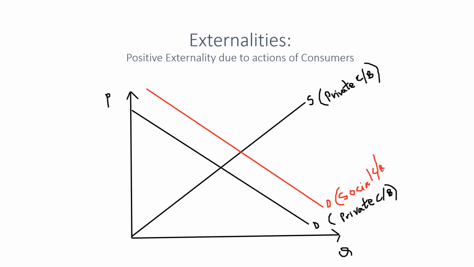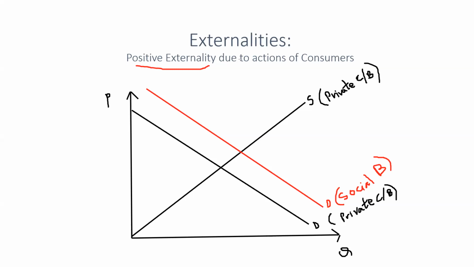Okay, in this case it is a benefit. Why? Because we are looking at a positive externality. So it's not a social cost in this case. In this case it is a social benefit.